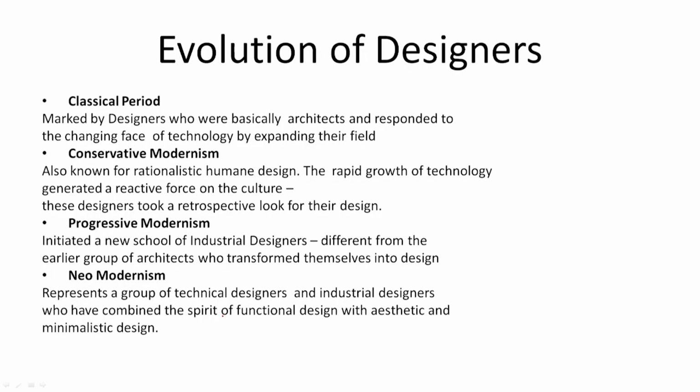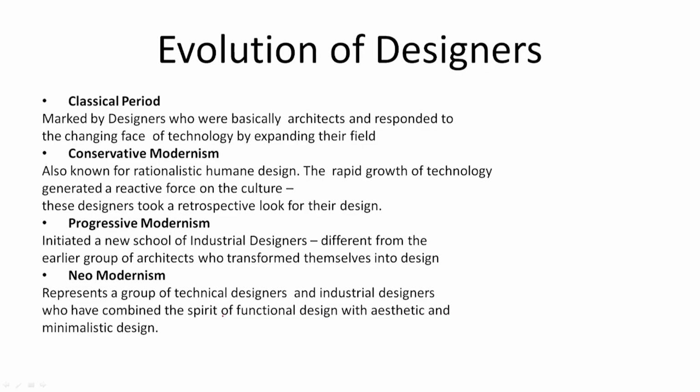Now, when we talk about how the product design that we know today has evolved, we will notice that it has gone through 4 successive periods of evolution. The first of them is known as the classical period.